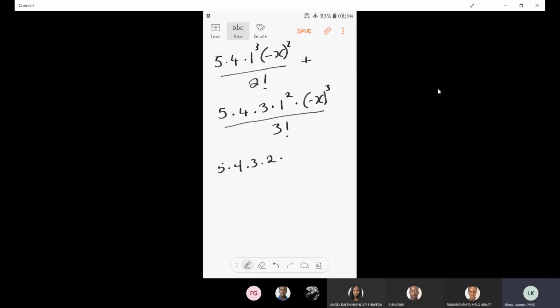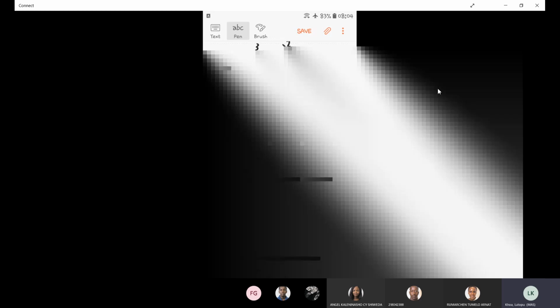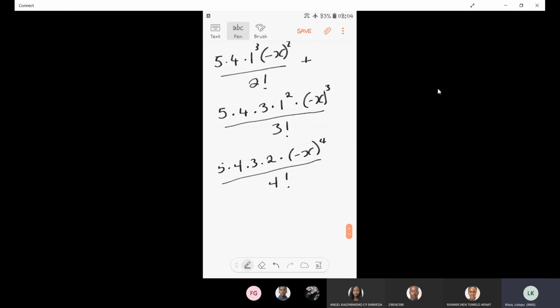Now I'm not going to write the 1. This is minus x to the power of 4. So the one that I didn't write in this case is 1 to the power of 1. Okay, so I didn't write that one. Then divide by 4 factorial. So I'm not writing it just to save space. And then I have 5 times 4 times 3 times 2.